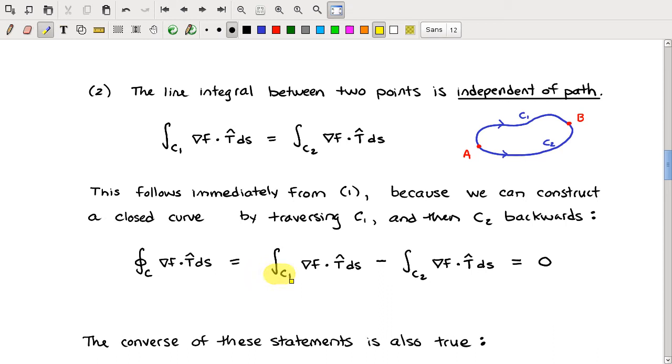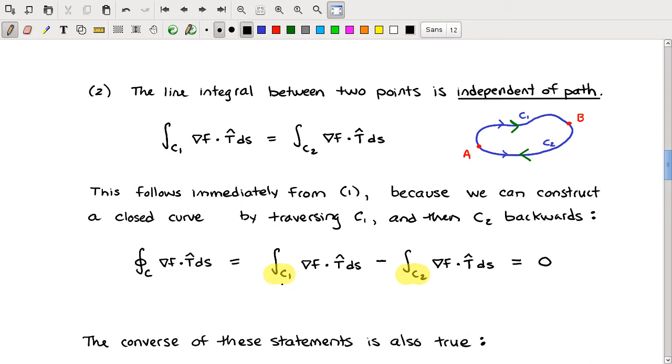That would be the integral along C1 minus the integral along C2, because we've changed the direction along C2. But if we do that, now we just have a closed curve, because I have gone along C1 and then back along C2, and we just saw that the integral along closed curves is 0.